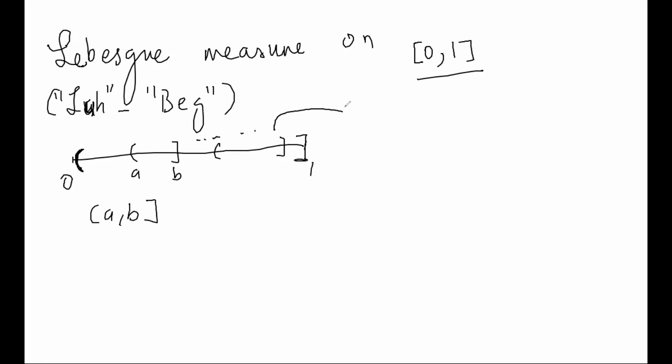Then you can collect them together in some collection I, which is basically a Borel sigma field.